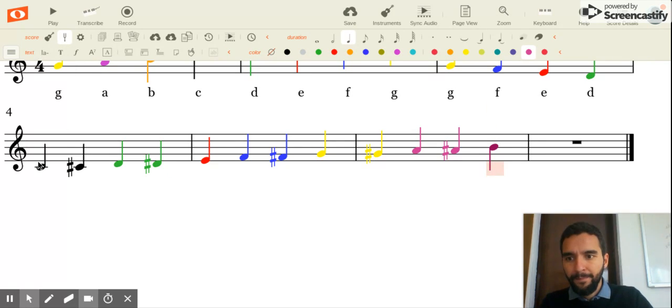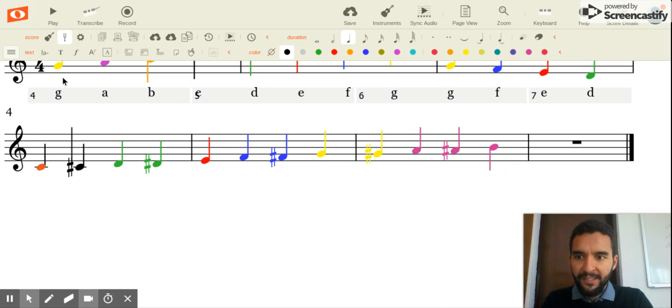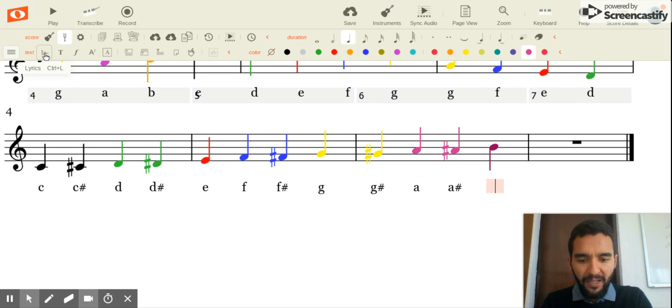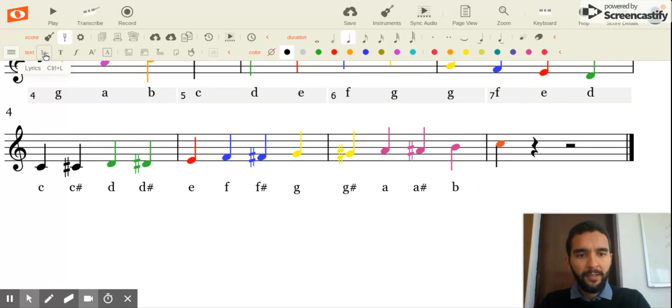So we have C, C sharp, D, D sharp, E, F, F sharp, G, G sharp, A, A sharp, and B. That is what we call the chromatic.